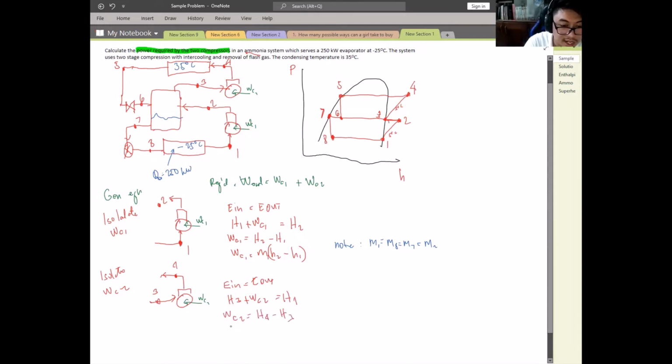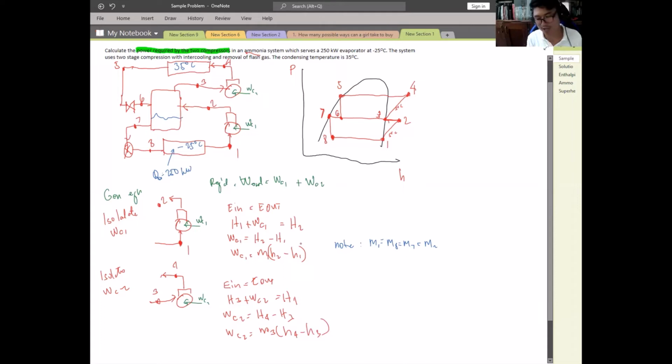Then, convert na lang natin itong H4. Then, shortcut na din natin. So, that is mass at 0.4. Mass 3 or mass 4, parehas lang. Tawagin na lang natin ng mass 3. So, H4 minus H3 para specific enthalpy tayo.